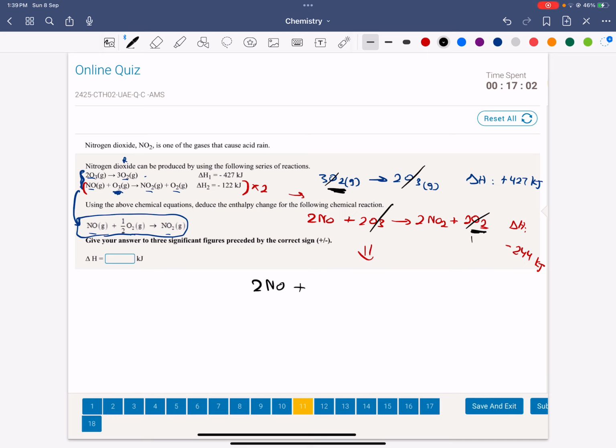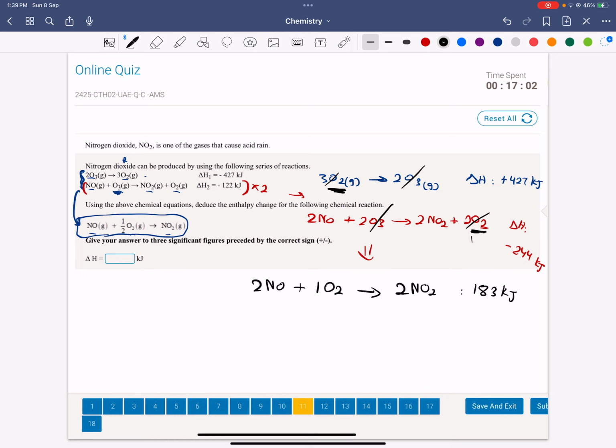We'll just have one remaining O2, which gives us 2NO2. And our enthalpy for this equation will be, we have to sum up 427 minus 244, and we will get 183 kilojoules. However, are we done?